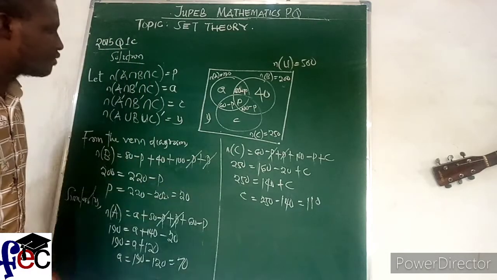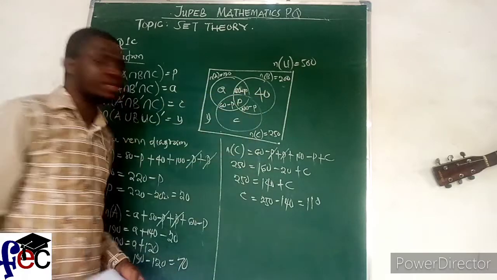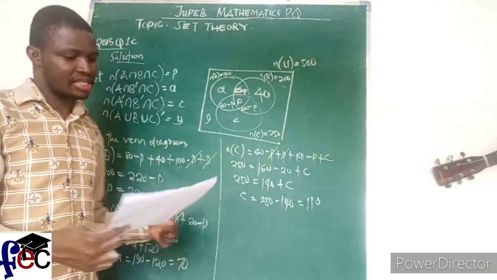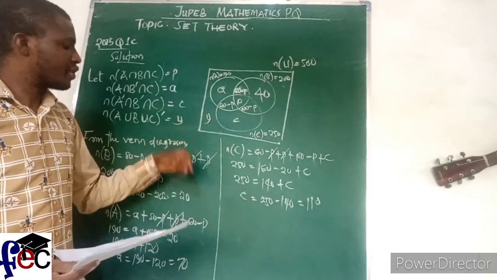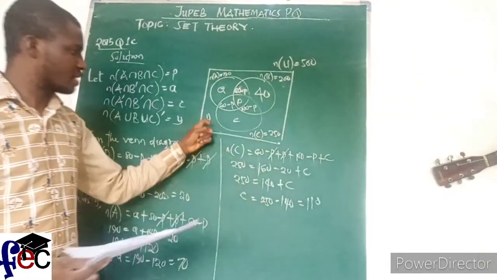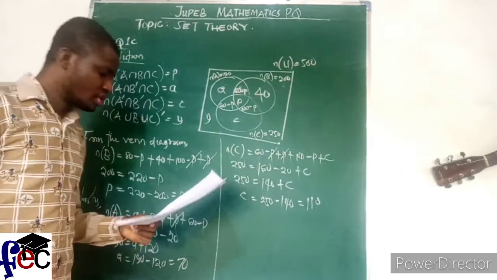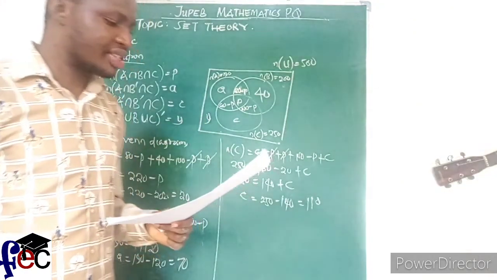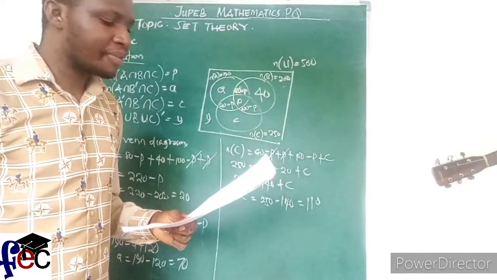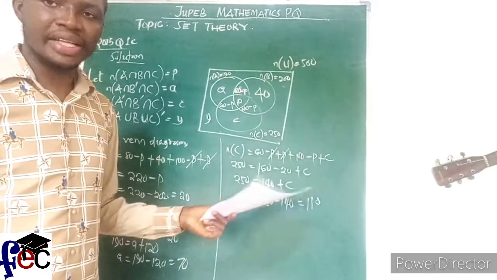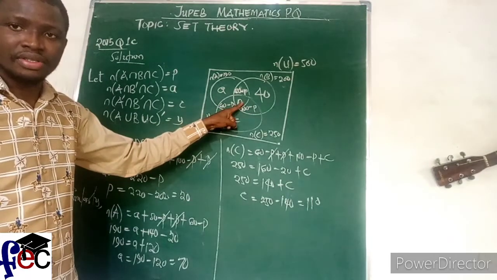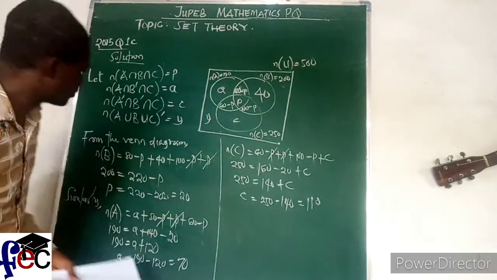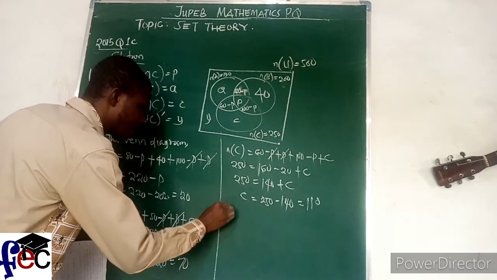Okay, now that we have gotten these basic ones, they will help us to answer question 1 and 2. For Roman figure 3, because of my space, I will do that one later. So Roman figure 1 says the number of voters who voted for all the 3 parties. What do you think it is? All the three parties is P. Do you see that? So now, Roman figure 1.